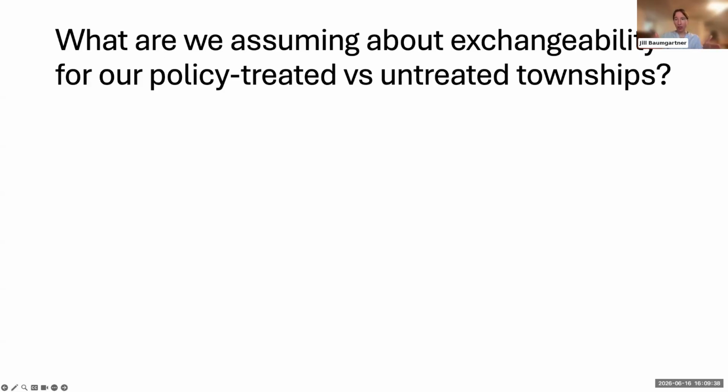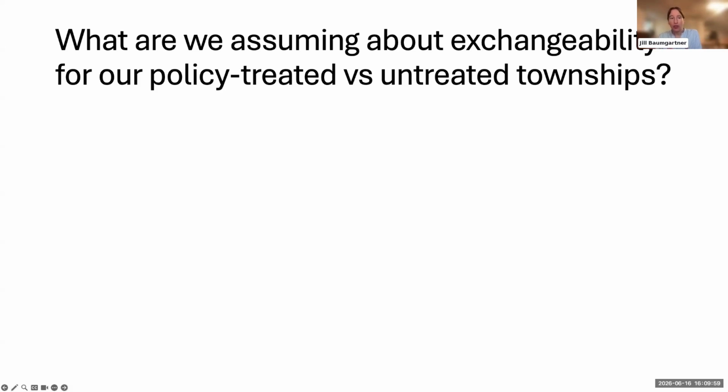So if we followed our treated group over time, that trend would have been the same as those who were not treated. So we kind of go back to our parallel universe here to see what happens to a treated group of townships in the absence of getting the policy.